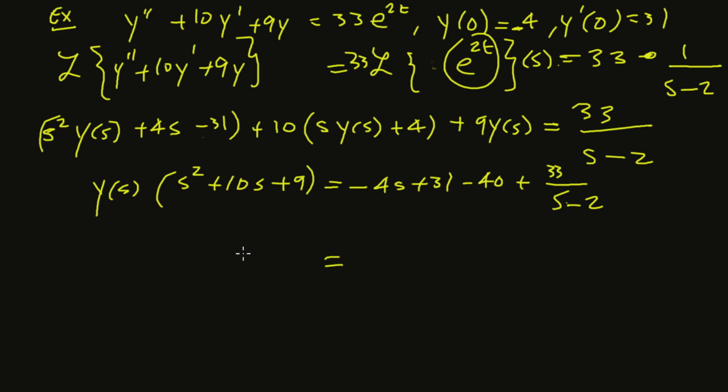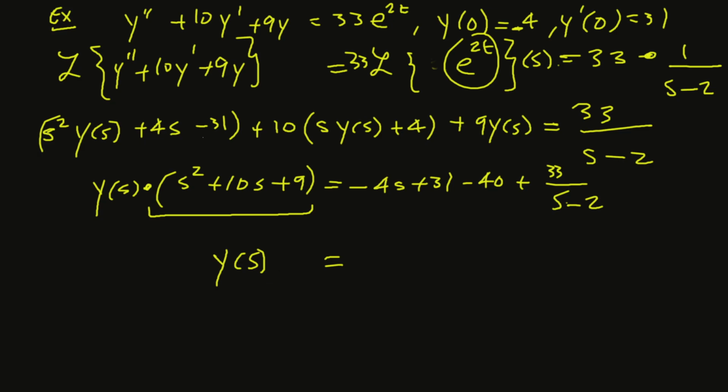Try it and you should get negative 4s squared minus s plus 51. Of course, then you're going to divide by this thing here, and of course this s squared plus 10s plus 9.